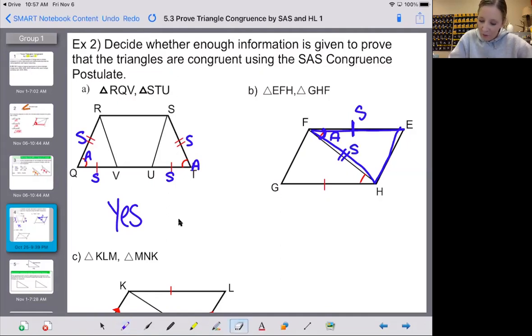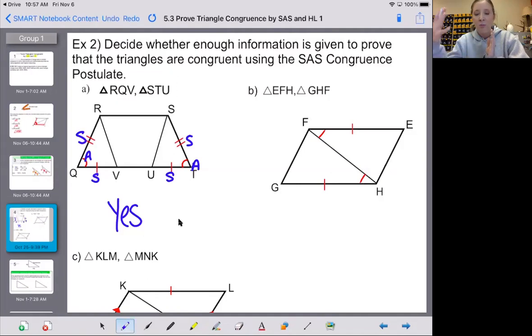Now, if you remember back when we did side, side, side, we actually saw a problem similar to this where the triangles are touching. So triangle EFH, the top right triangle, has a segment in it, segment FH. But then the other triangle off to the left also has a segment FH in it.